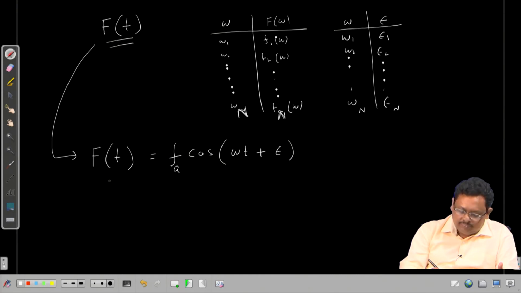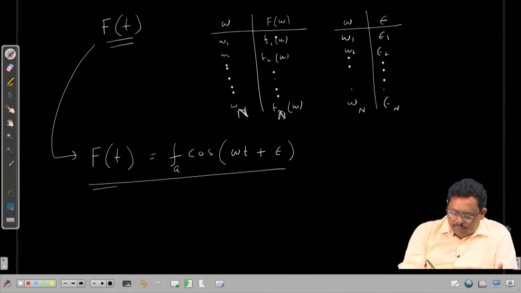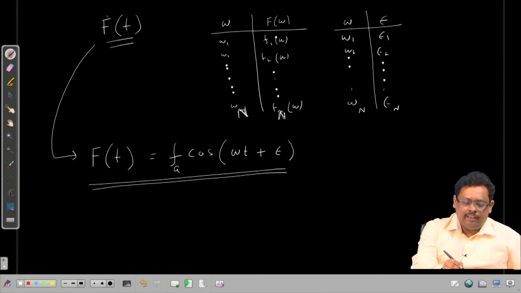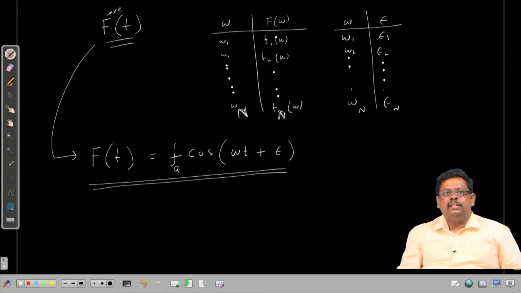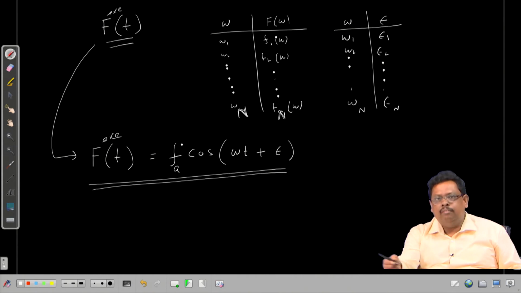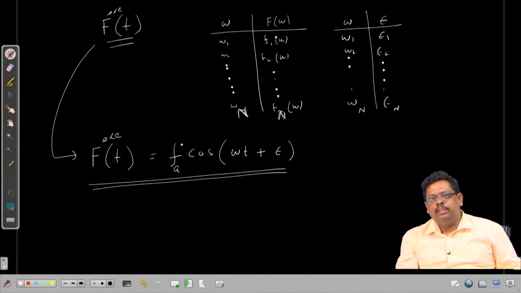So I know the nature of the solution for the right hand side: this exciting force should be in the form of some amplitude multiplied by cos of omega t plus epsilon.